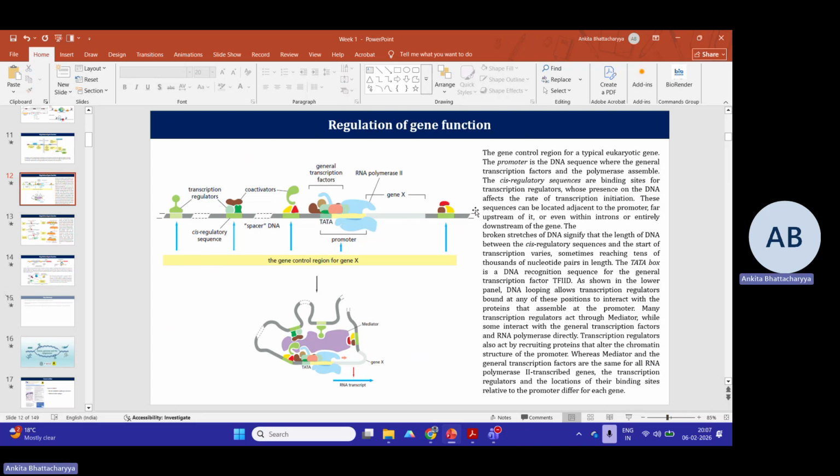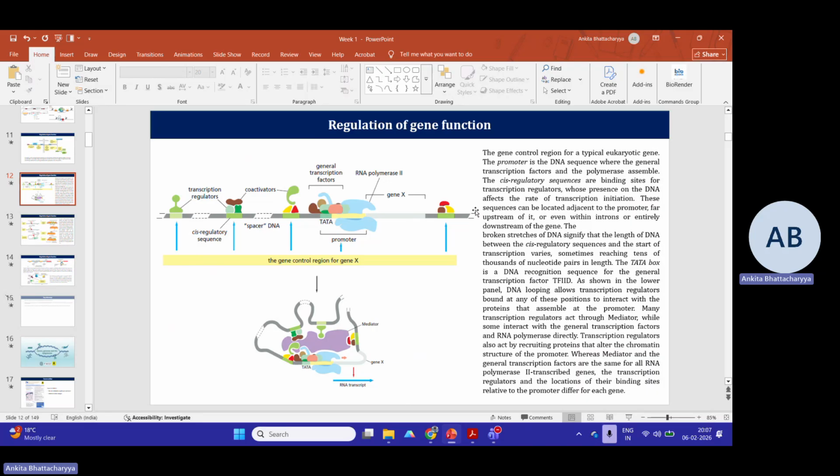So when we look at the gene control region, we see that for a typical eukaryotic gene, upstream of the transcriptional start site, you can find multiple regulatory sequences to which these transcriptional regulators may bind.